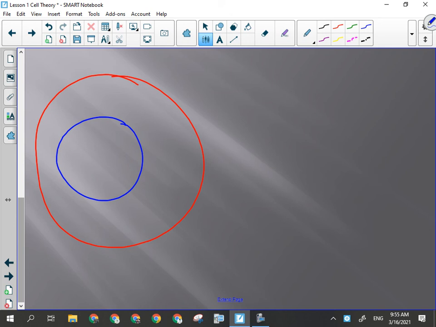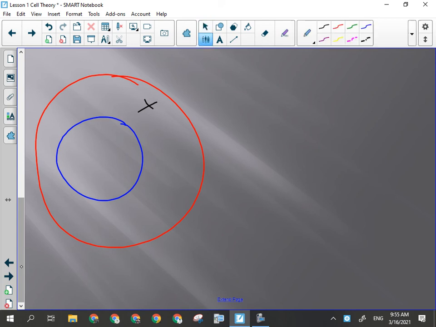I'm seeing the area within the blue circle magnified larger. Follow me there? So if I started on this magnification, and what I was looking for was over here, would I see it? No. My likelihood of finding it is a lot less if I start on anything other than the scanning power lens, which is what I'm supposed to use to scan the slide and find the stuff I'm looking for.